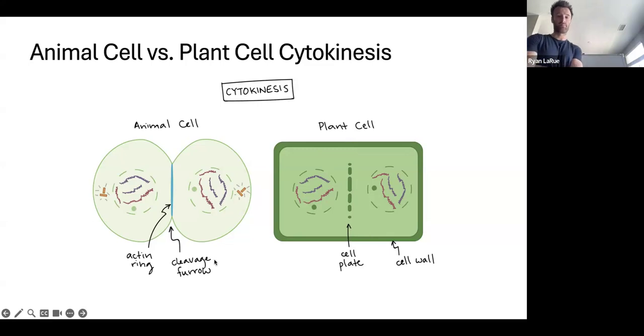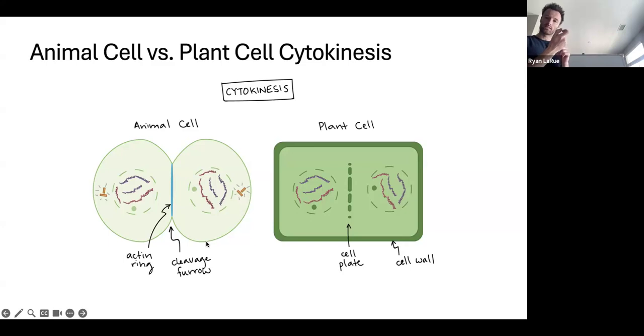Whereas in the animal cell, we do a slightly different way of splitting the cell. During cytokinesis, we actually form a ring of contractile protein fibers, actin and myosin. It's the same for our muscle, actually, that contract. And we contract and squeeze the middle of the cell, which causes a shallow groove that we call a cleavage furrow.